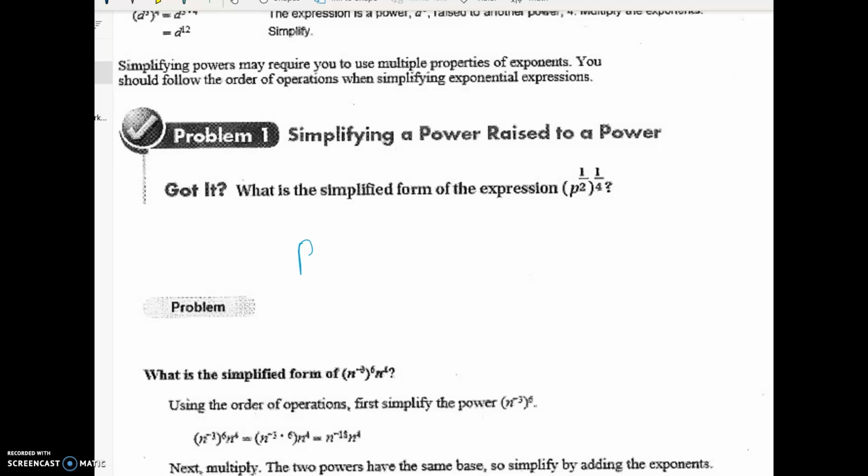I'm just going to write that out just so you can see it. So I have the 1/2 times the 1/4. So that would give me p to the 1/8 power. That's all we're really doing. That's that basic type problem. Do you know the basic idea? And then we extend it from that point, all right?